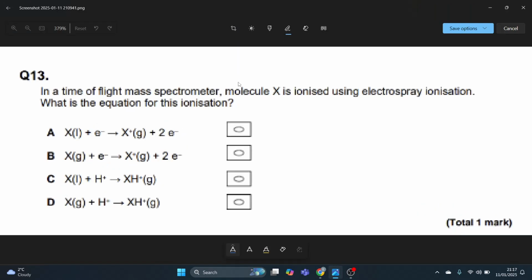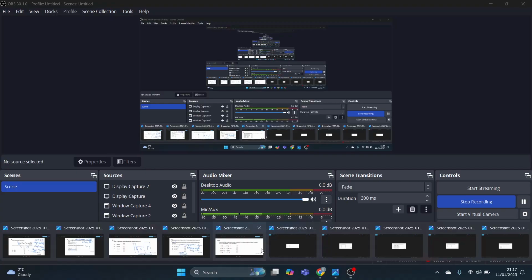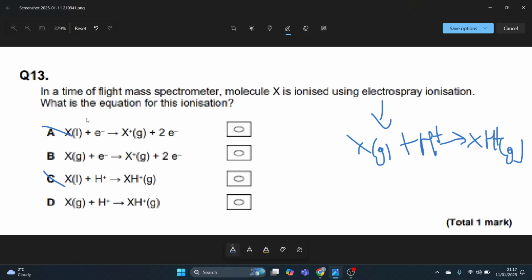Question 13. In a time of flight mass spectrometer, molecule X is ionized using electrospray ionization. So electrospray ionization X gaseous plus H plus forming XH plus gaseous. You should memorize this equation either way. But let's say you didn't memorize the equation. One thing you could do is eliminate A and C because that's in its liquid state.